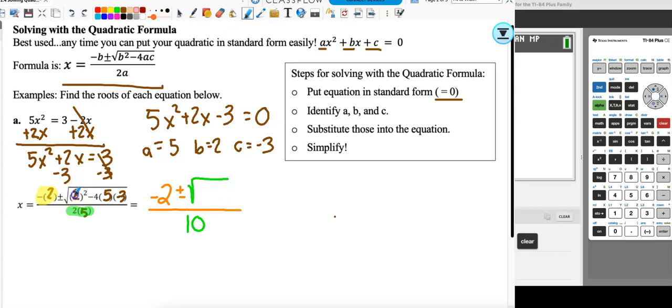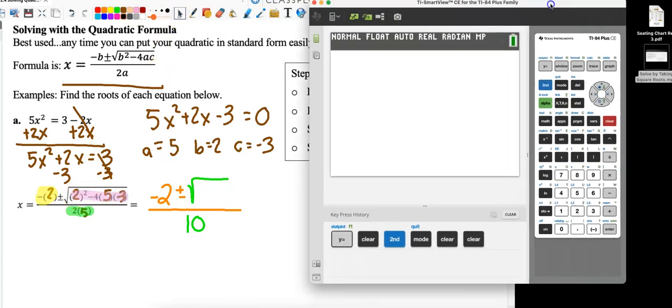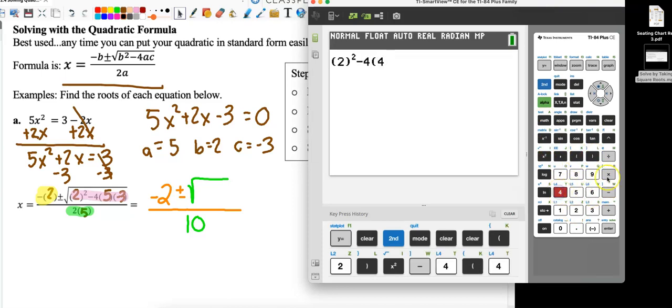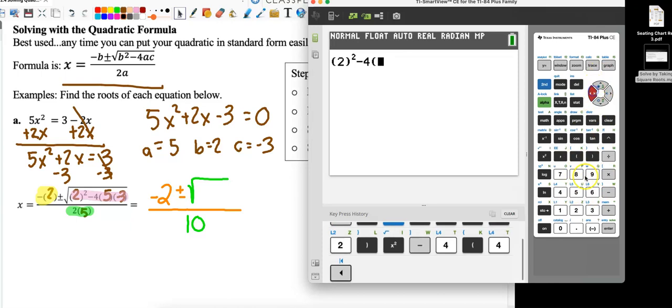We'll go pink here. I'm going to type all of this in without the square root. So let's come over here. I'm going to do parentheses 2 squared minus 4 times parentheses 5, times negative 3.